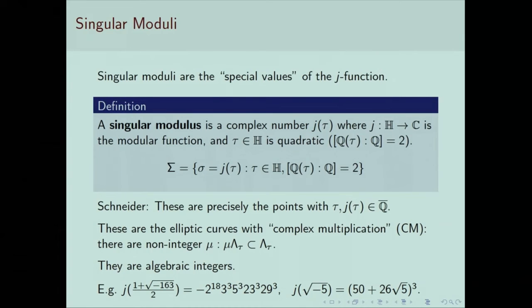So, right, these are the singular moduli, and they have very rich arithmetic. It's a famous theorem of Schneider that these are the only algebraic points which are also algebraic under the j function, and they're algebraic integers, and here you have some examples.